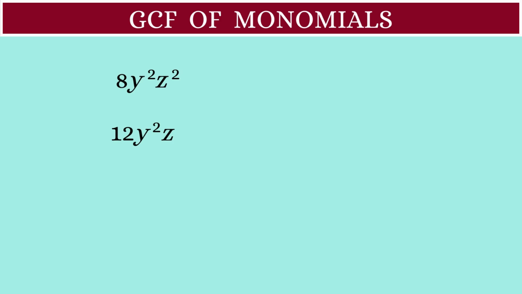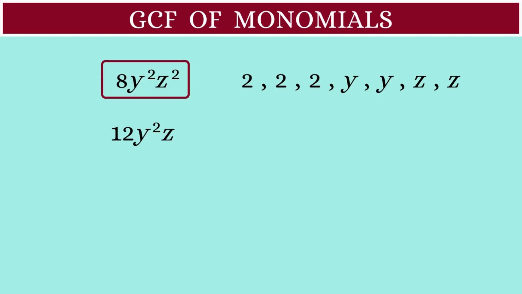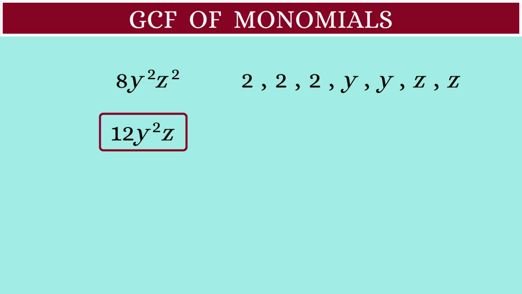First step, we list down the factors. 8y square z square has the factors 2, 2, 2, y, y, z and z. 12y square z has the factors 2, 2, 3, y, y and z.